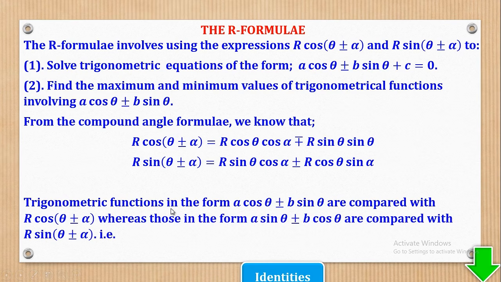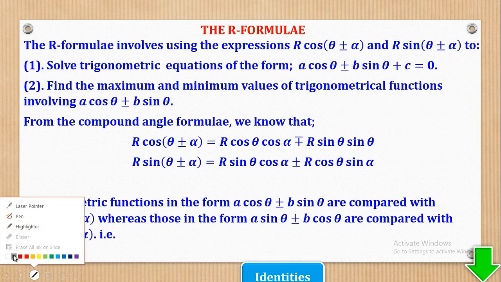So trigonometric functions in the form a cos theta plus or minus b sin theta are compared with r cos in brackets theta plus or minus alpha, whereas those in the form this are compared with r sin theta plus or minus alpha. So what does that mean?